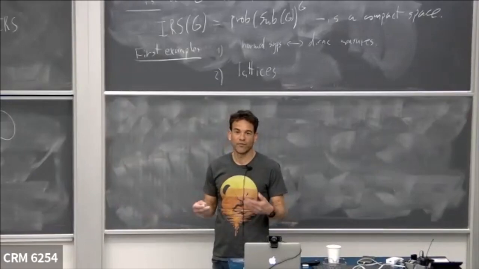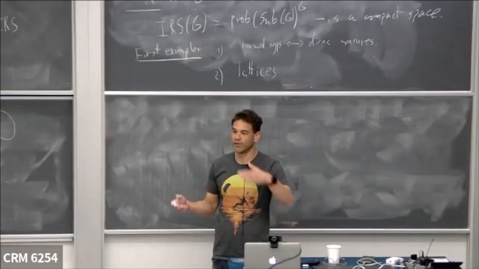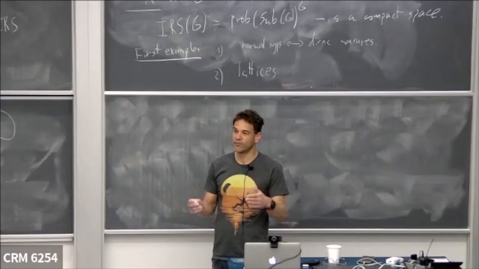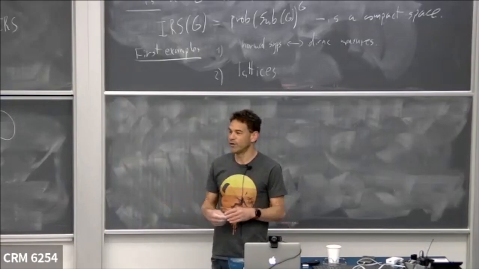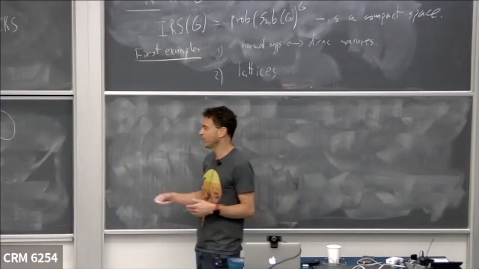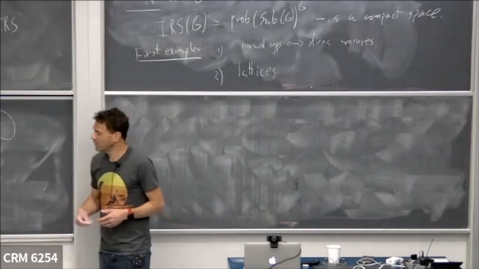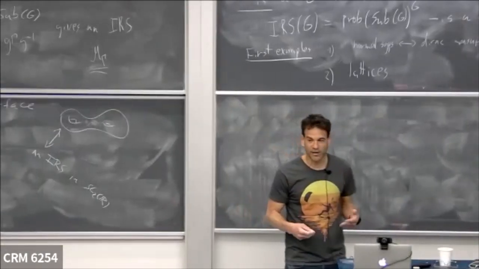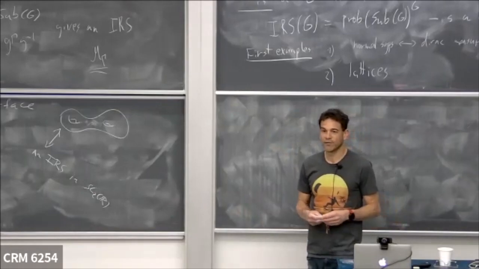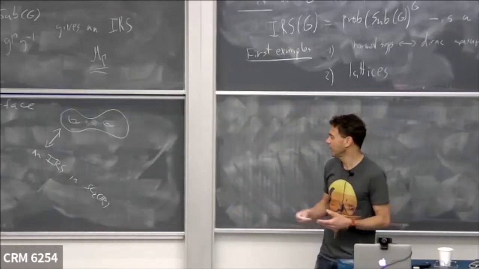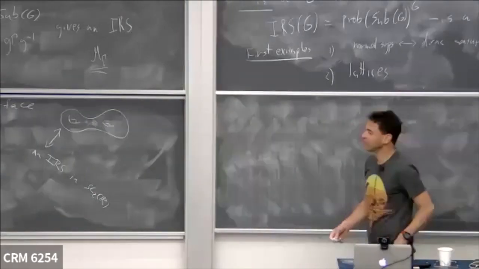So in G, let's say SLN R, if H is a subgroup such that G mod H has finite volume, a finite G-invariant probability measure, then H must be discrete, must be a lattice. This is one of the consequences of Borel density, and this result applies also to IRSs.